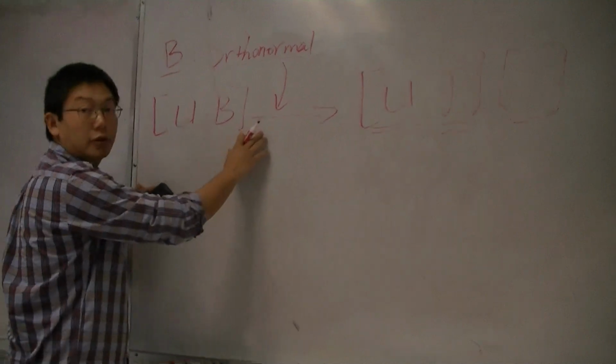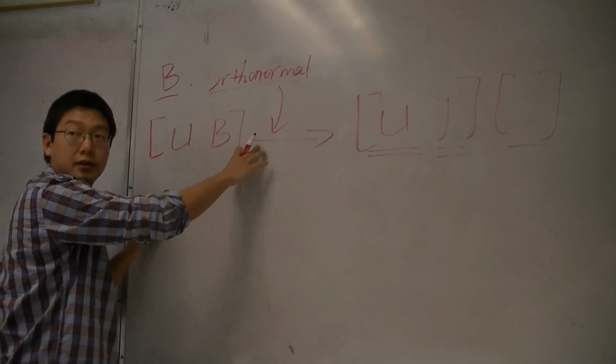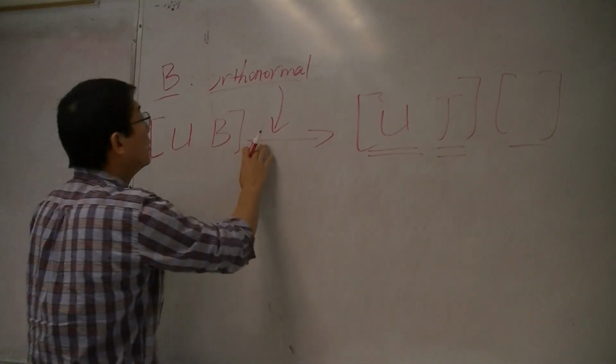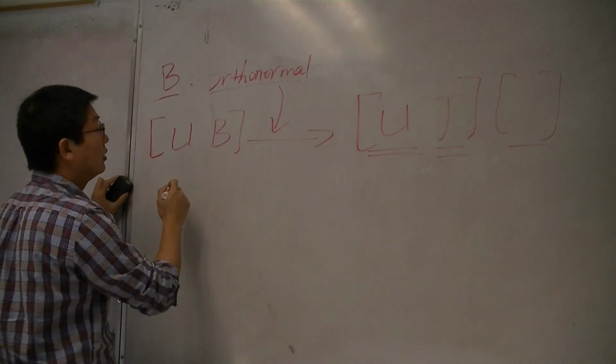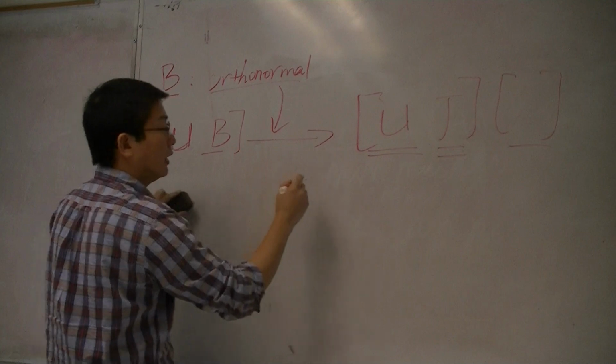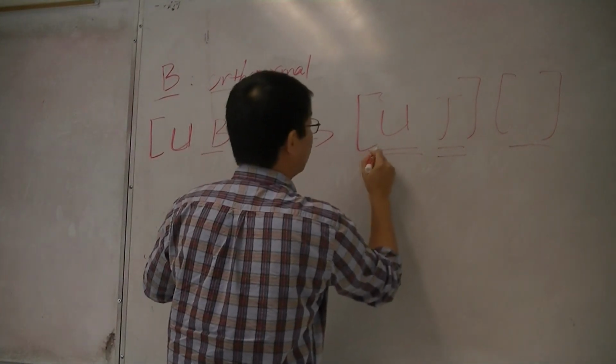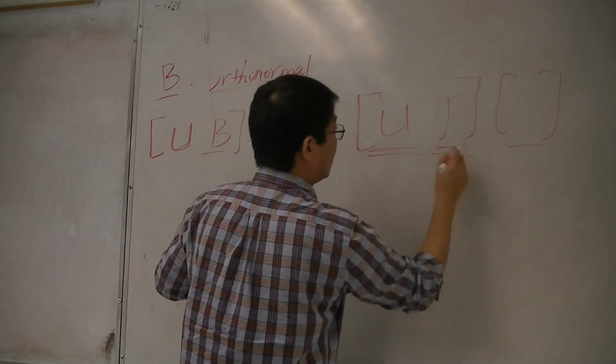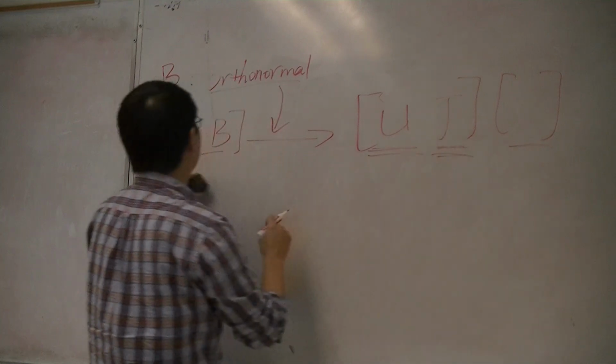And maybe we can use some ordinary method. So we already know this, and the first step is we get the orthonormal basis of G.